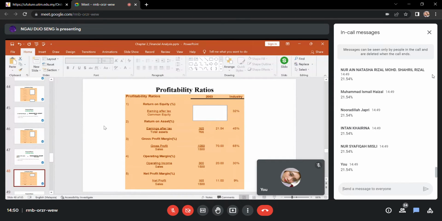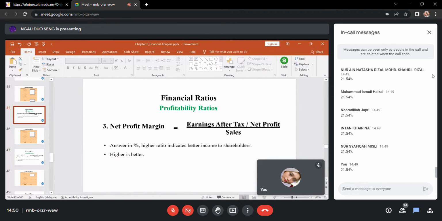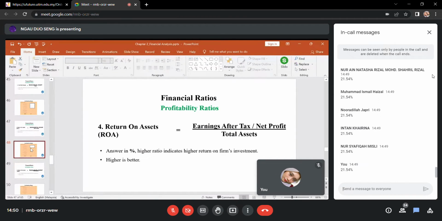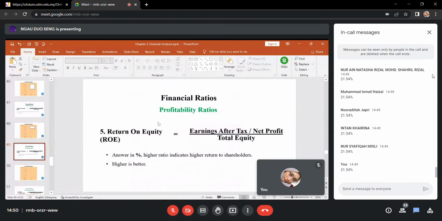All right. So next we go to return on equity. So for return on equity, here we have earning after tax divided by total equity.